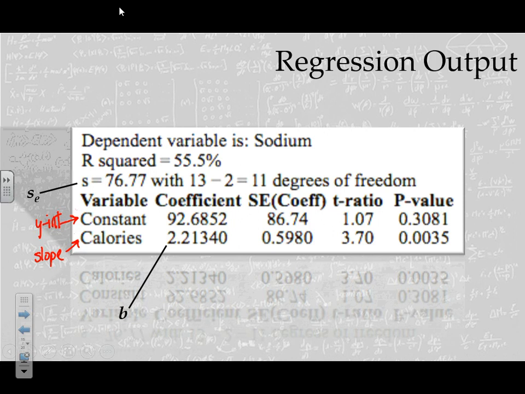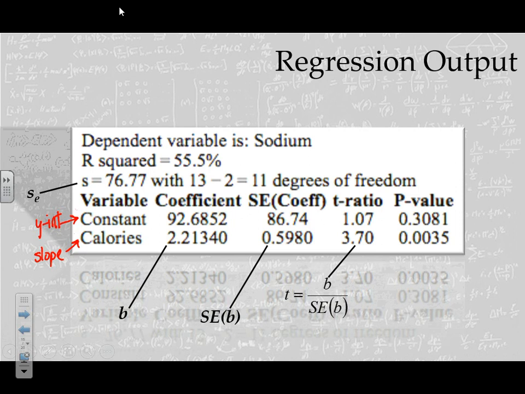The standard error for my slope is given in the standard error column. So the standard error of my coefficient, 0.5980, that would be standard error for my slope. The t-ratio is just your test statistic.